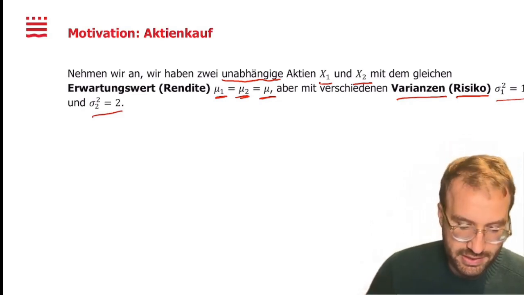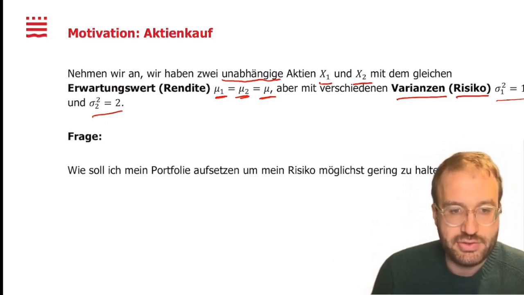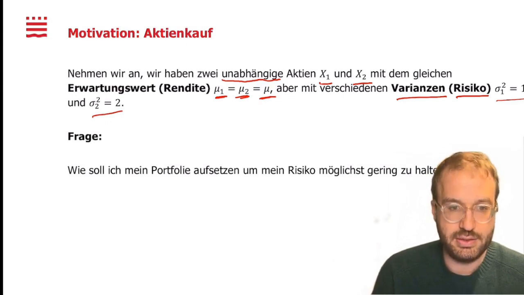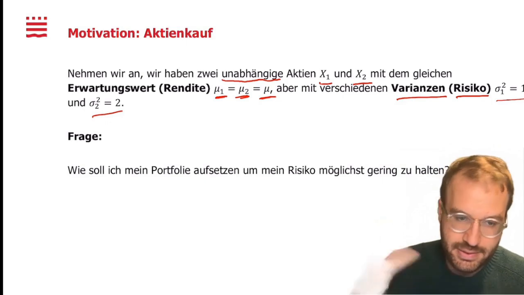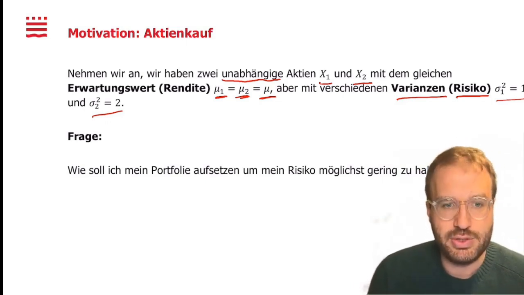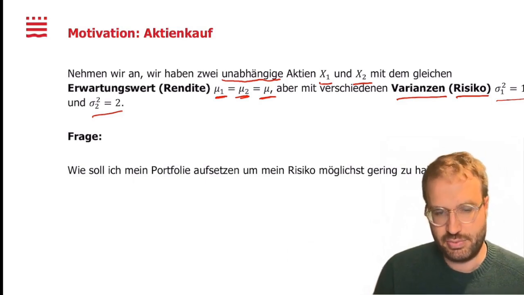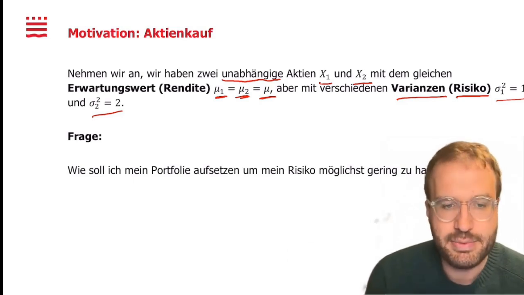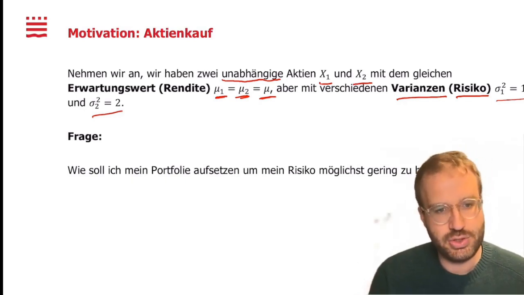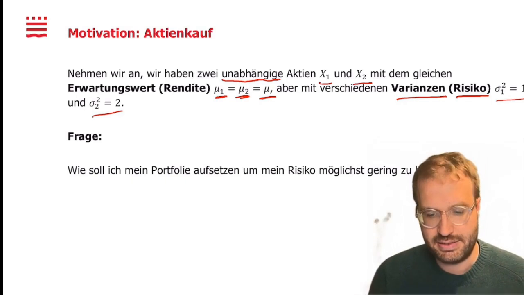And the question now is, what percentage of stock 1 and what percentage of stock 2 should they buy exactly to keep the risk as low as possible? We will first see that the return is independent of that, but the risk can be minimized by taking a good ratio.